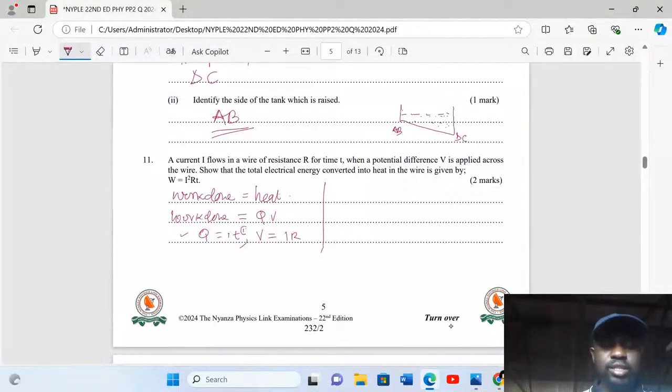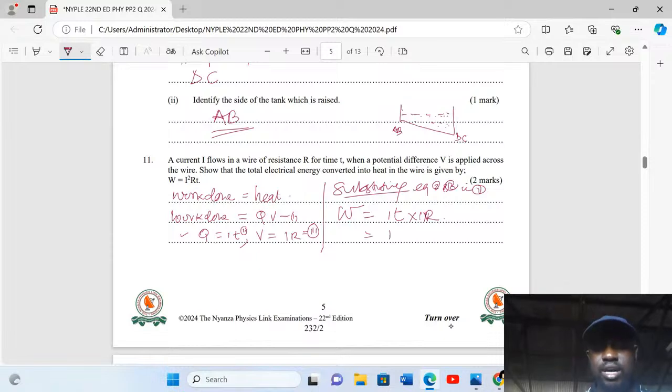So if we call this one equation 2, this one equation 1, and this one equation 3, then substituting equations 2 and 3 in 1, you'll say that work done is given by IT times IR.